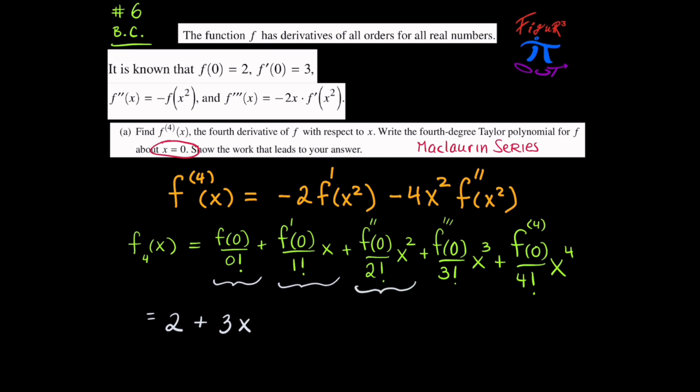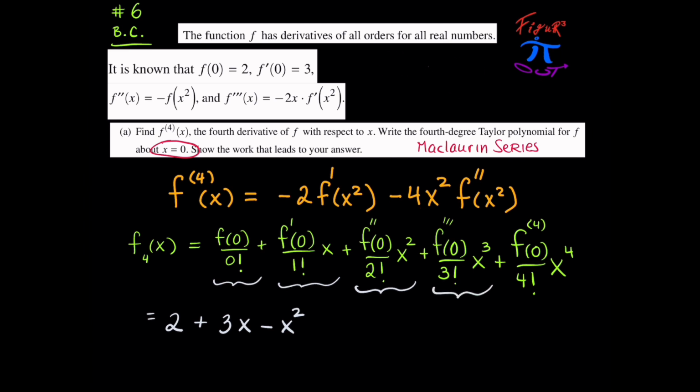F double prime of 0, well, we have to evaluate that using what they gave us here. And that looks to be equal to negative f of 0, or negative 2. And negative 2 divided by 2 factorial is just negative 1, so that third term is just negative x squared.